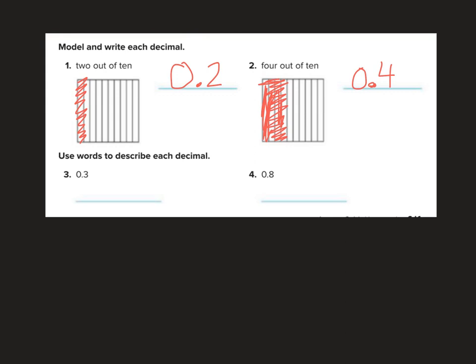This one I would say is 3 tenths. This one I would say is 8 tenths. Okay. Because the 8 is in the tenths place, the 3 is in the tenths place. All right, let's go to the next slide.